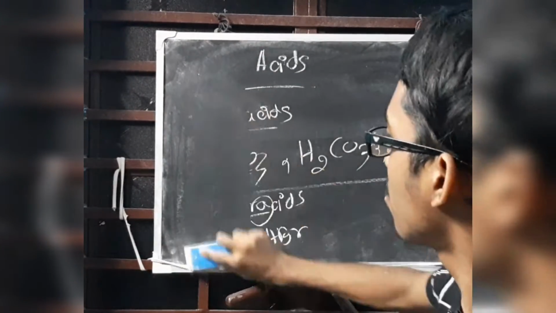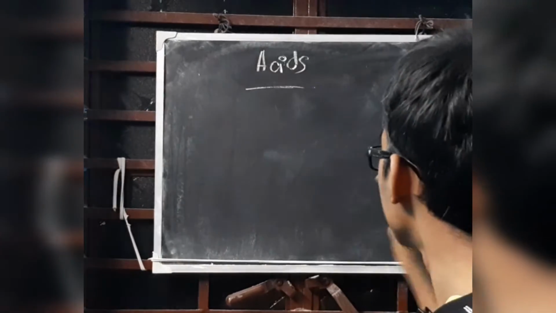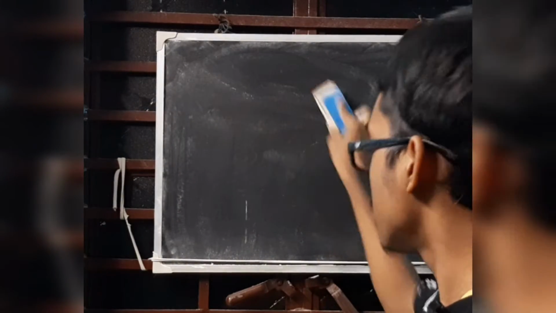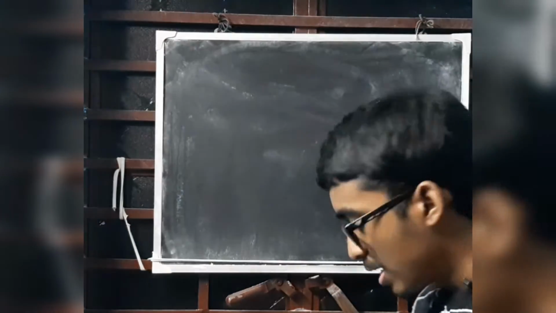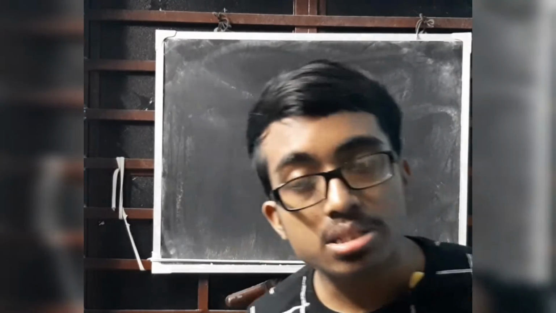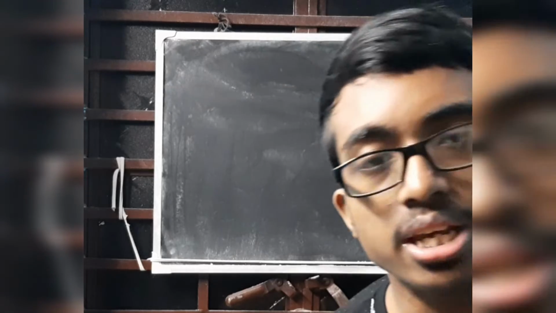Now let us move on to the most important thing, that is the basicity of an acid. This is confusing. For a base we use the term acidity, and for an acid we use the term basicity. What exactly is basicity?